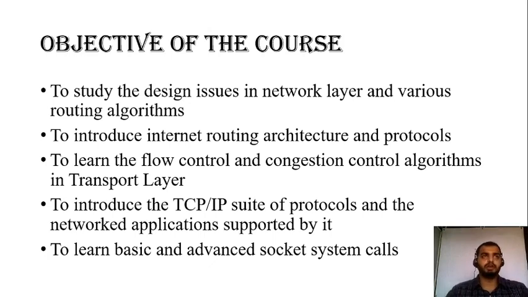For example, if you have a city map, you can go anywhere in the city. Why? Because you have the city map and you have the routes. How you can go from one place to another place. What are the different things? In the same way, the network also has a network table which says this is the shortest path, this is the alternate path, and this is the second alternative path by which you can send the information. If one network is blocked, the second can be taken. If 2 are blocked, the third can be taken. That is what is being said here, and we are going to learn this in this subject.